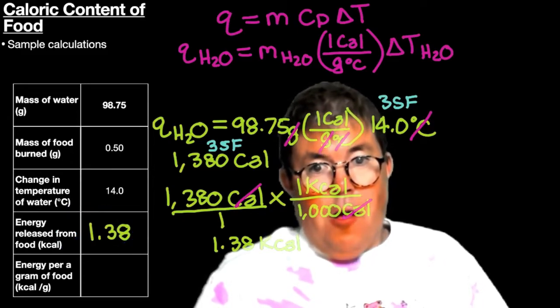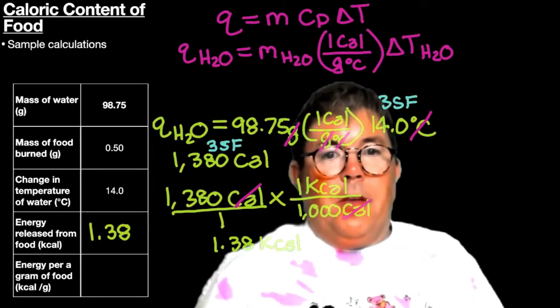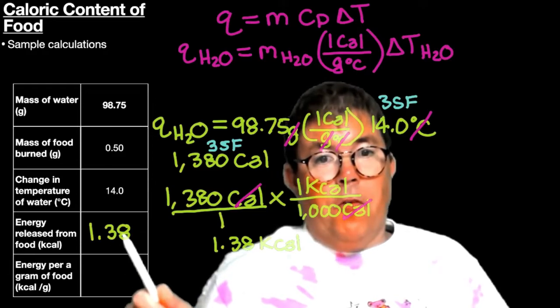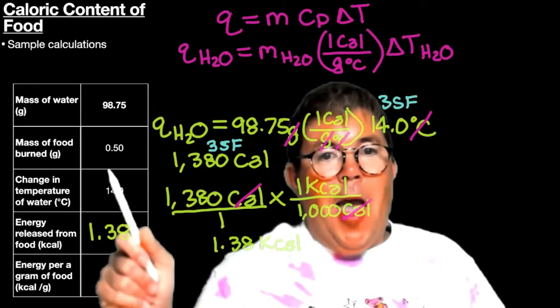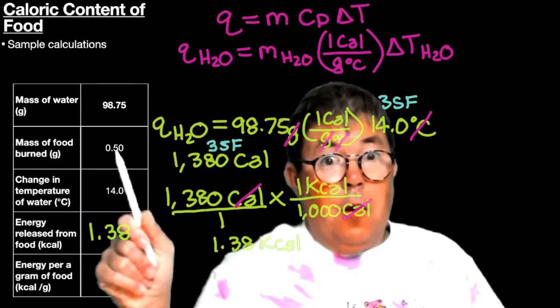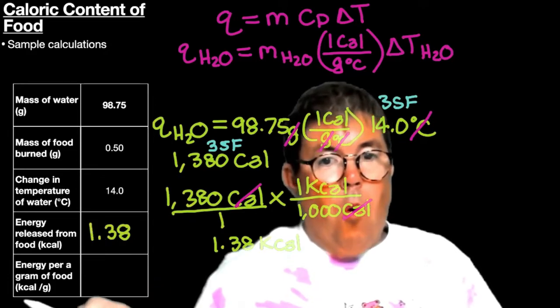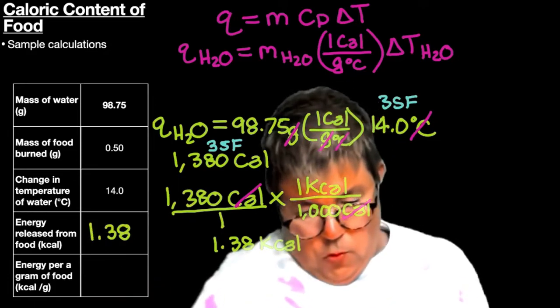Now, this 1.38 kilocalories is the amount of energy given off when we burn half a gram of food. We want to report the energy in kilocalories per 1 gram of food.